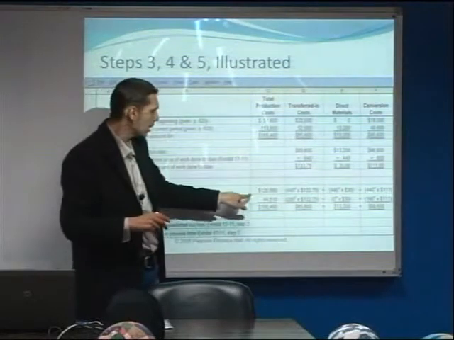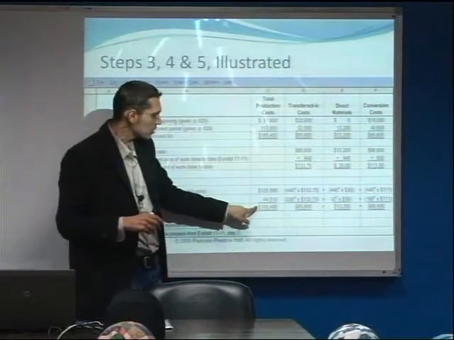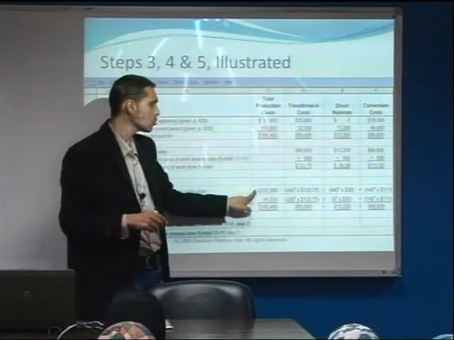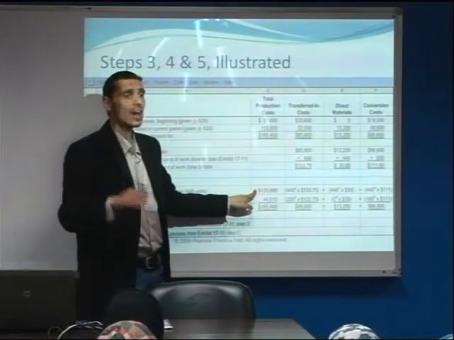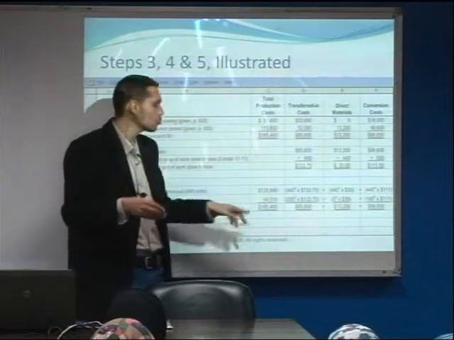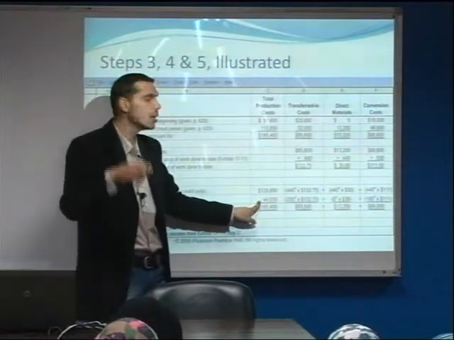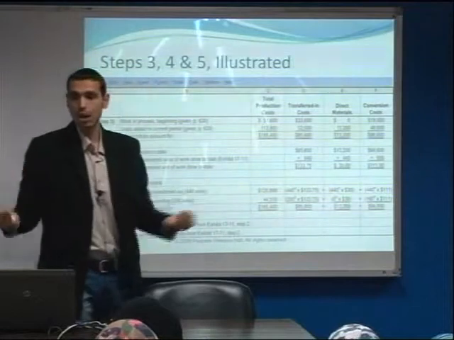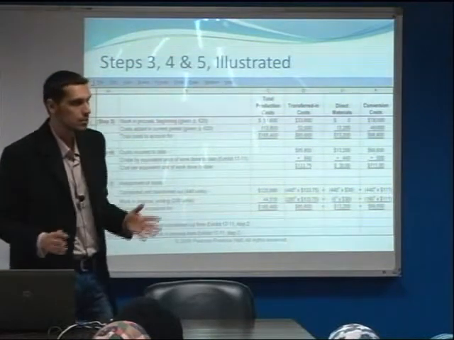And if we deduct 120,890 from the 165,400, the amount that would still be in the account would be 44,510, which is the cost of the ending work in process.